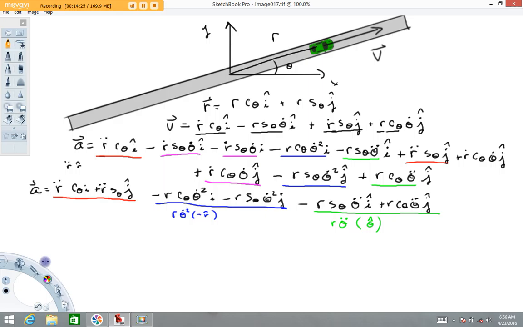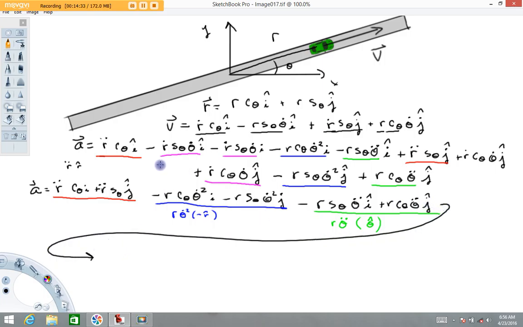All right, so the next term, let's see. Now I need to pick this up down here. So, the next guy here, purples. Now you'll notice these are like terms, including the unit vector, so I'm going to add those together. Minus 2 r dot theta dot sine theta i. There's those terms.